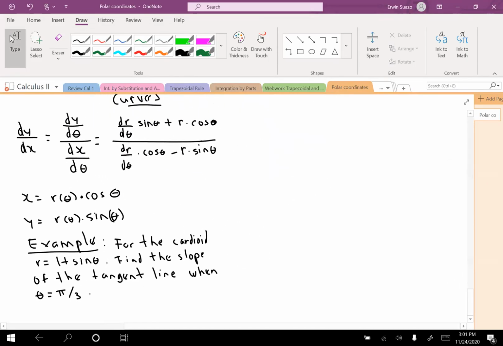Yeah, let me do it here right now. So we're going to do dy/dx, which is dr/d theta. So that's the derivative of r with respect to theta. So you see it here. What is the derivative of r with respect to theta?